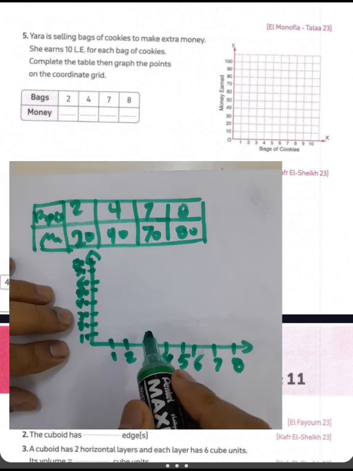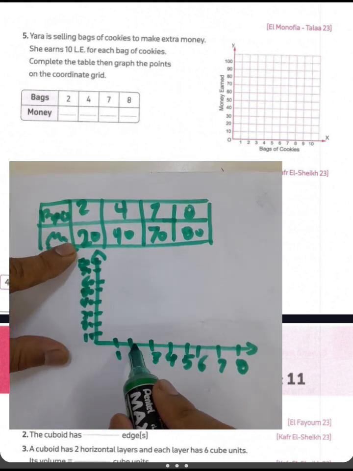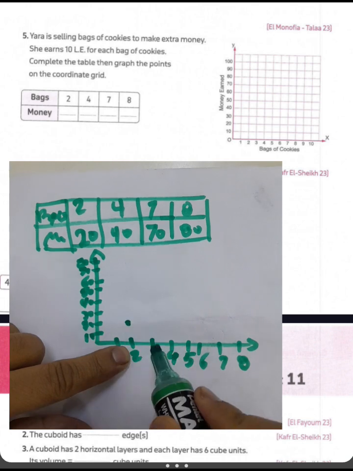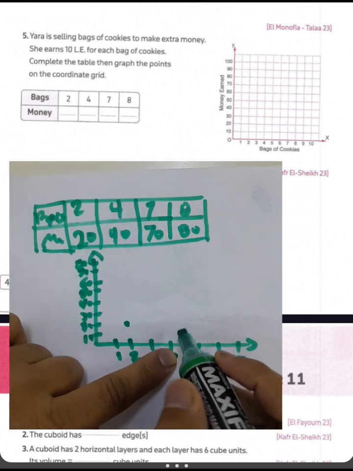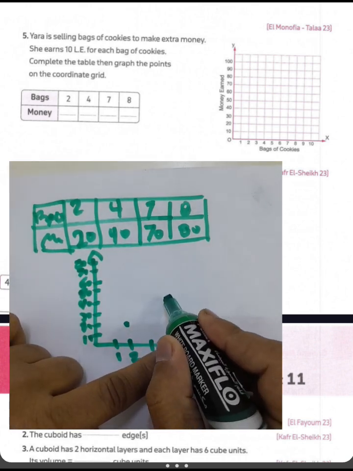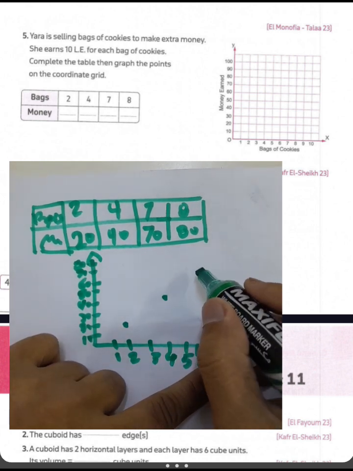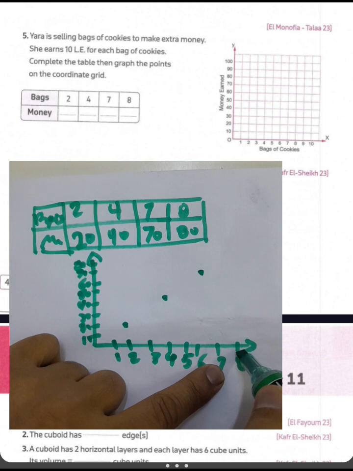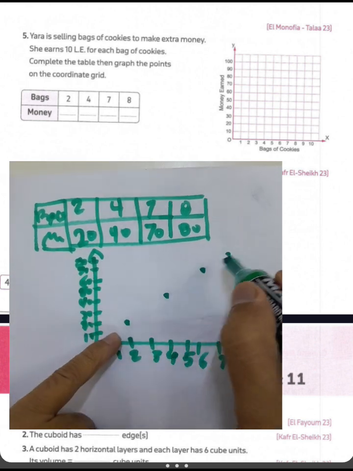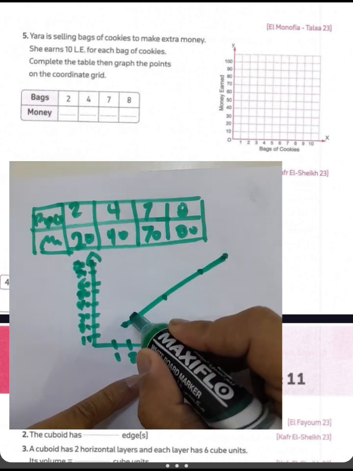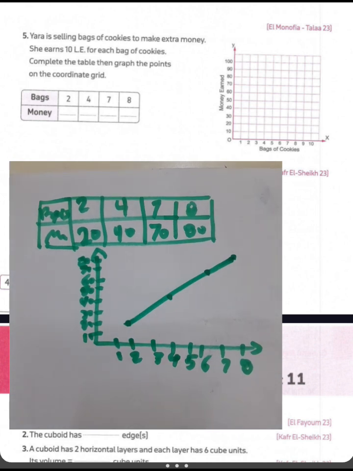First from 2 to 20, come here from 2 up to 20. 4 to 40, up to 40. 7 to 70, up to 70. 8 to 80. And then draw a straight line between 2 points, or line segment, okay?